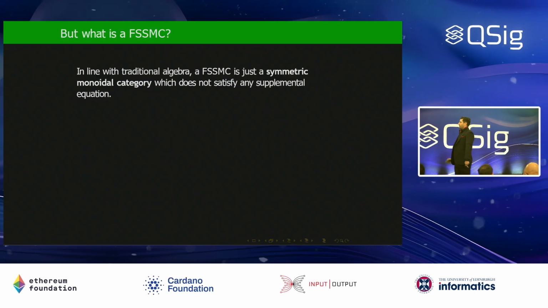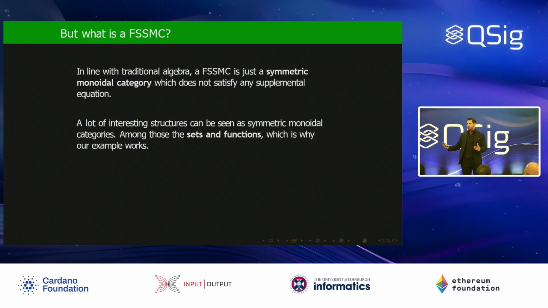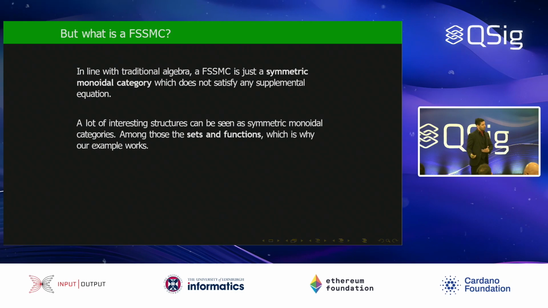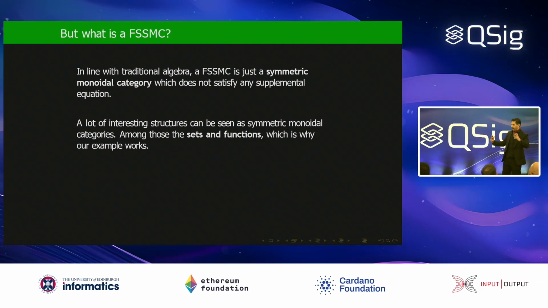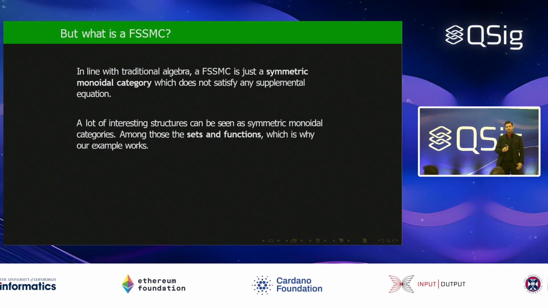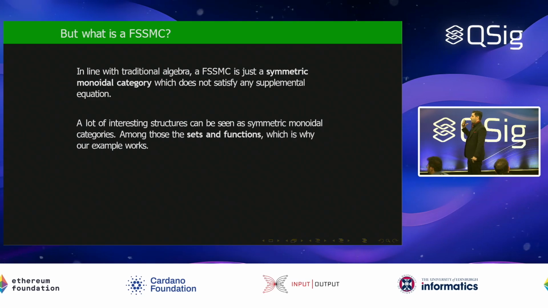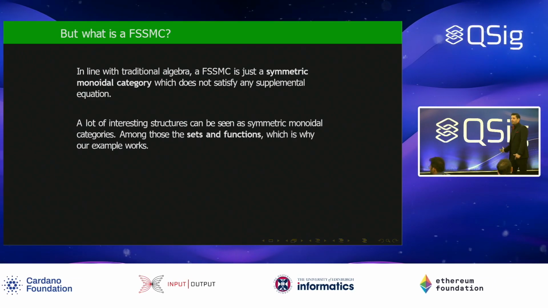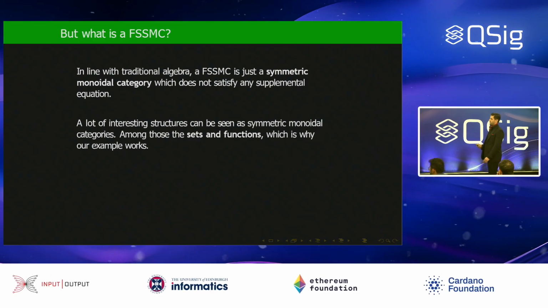Basically, sets and functions form a category that is a free symmetric strict monoidal category plus some other equations. This means that our graphical manipulations will always make sense when you interpret them as functions and sets, but there are more things that you can prove in functions and sets that will not be provable graphically because you need more graphical equations.